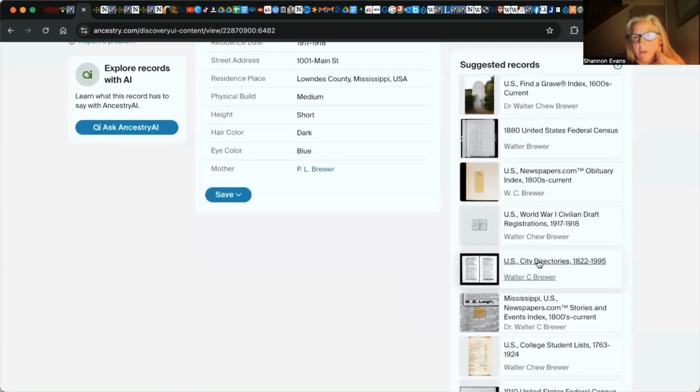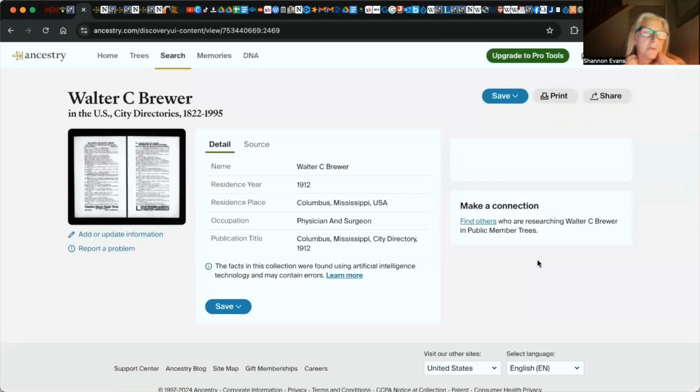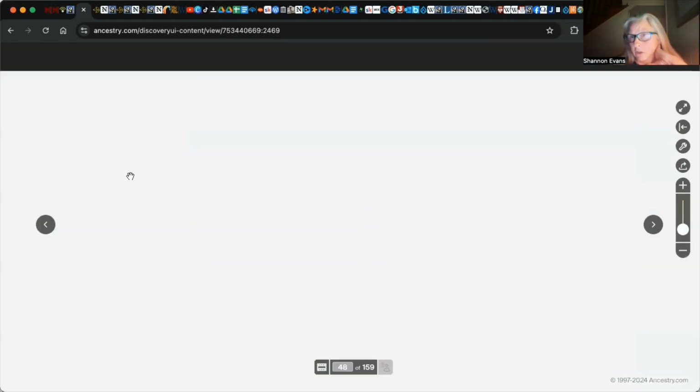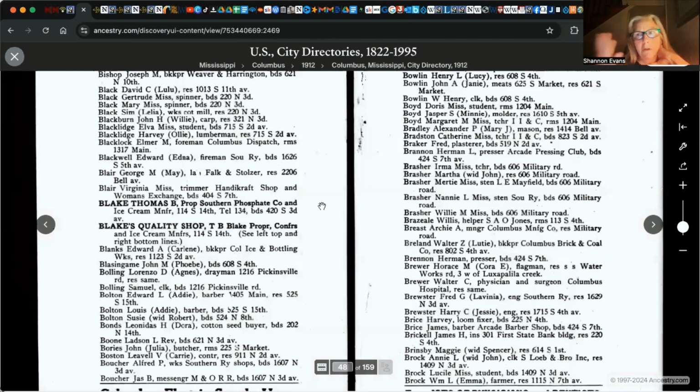I'm going to look at this city directory just to kind of see what year this is. So now Columbus had city directories. Not all towns have scanned their city directories and uploaded them into Ancestry.com, but many of them have. So right here, he's listed, this is 1912. You can see right up here at the top.